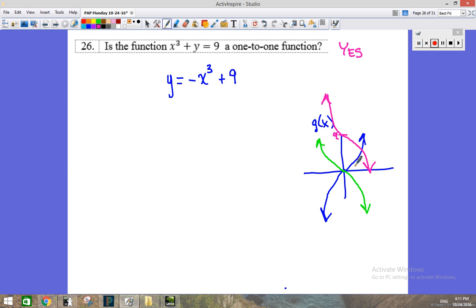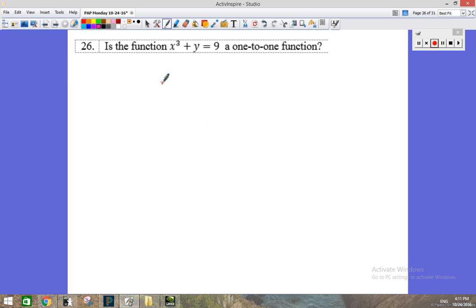Now, if I'm not familiar with my library of functions like I should be, and if I've forgotten these function transformations, which hopefully you haven't, and you're not able to picture this graph, you can still arrive at the right answer, because we looked at a rule of thumb.